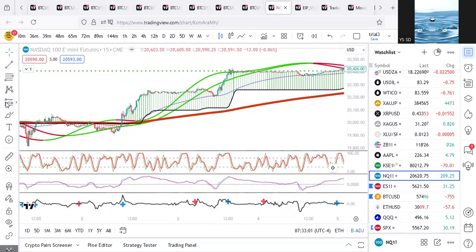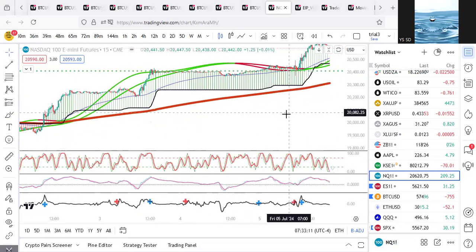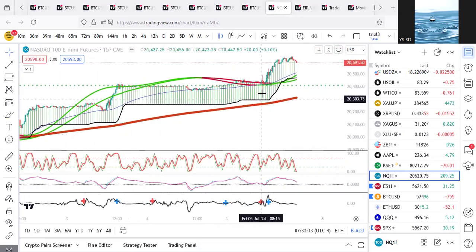Let's keep things very simple. We are going to use just the price and the indicator below. When the market opened on Friday, the price was above the moving average, price was above the cycle, everything bullish, we were long.